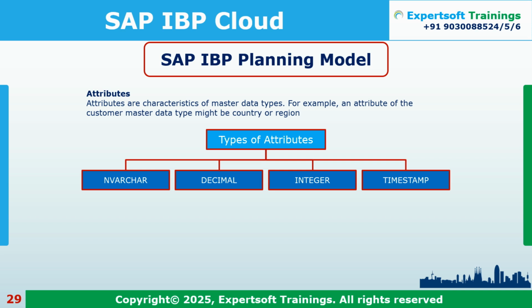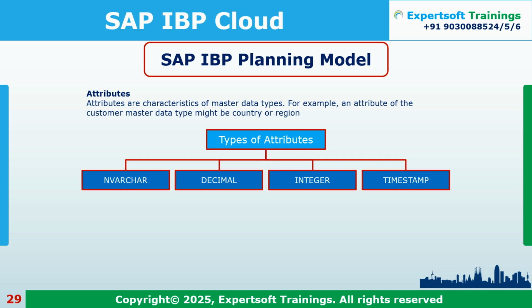So now in IBP, there are four different types of attributes. One is nvarchar, second one is a decimal, third one is an integer, and fourth one is a timestamp. So these are the four different types of attributes which we have in IBP. What is nvarchar? Nvarchar can store alphanumerical values.